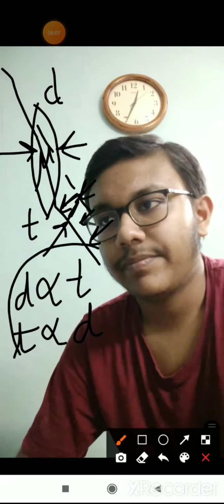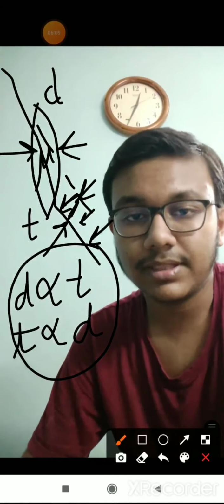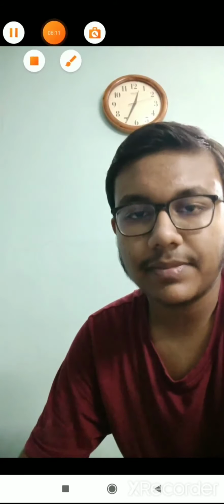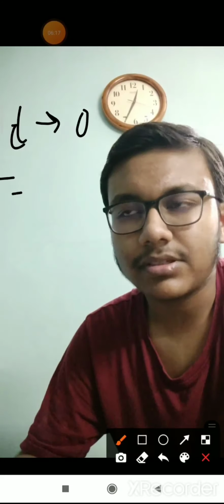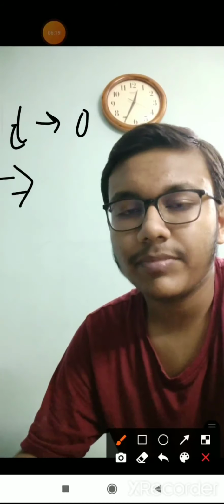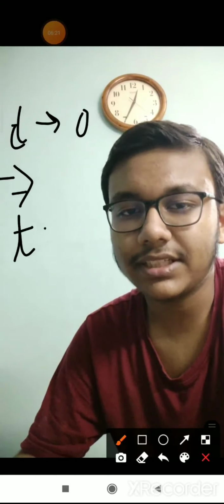Now think of it, if you have some lens of negligible thickness, T is negligible, so you find that this lateral displacement is almost negligible, which means that your light ray will get refracted undeviated from its original path of traveling.